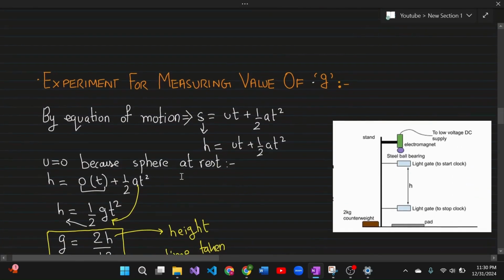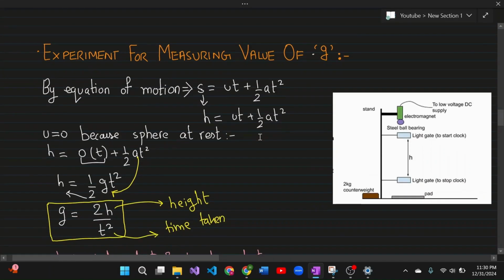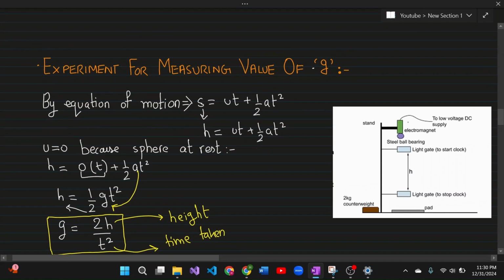Then we have a final topic, that is the experiment for measuring the value of g. You can see here the diagram which shows how the value of g is calculated. In the stand, the electromagnet releases the ball, and through light gates the height and the start and stop time are measured. So we use this equation.